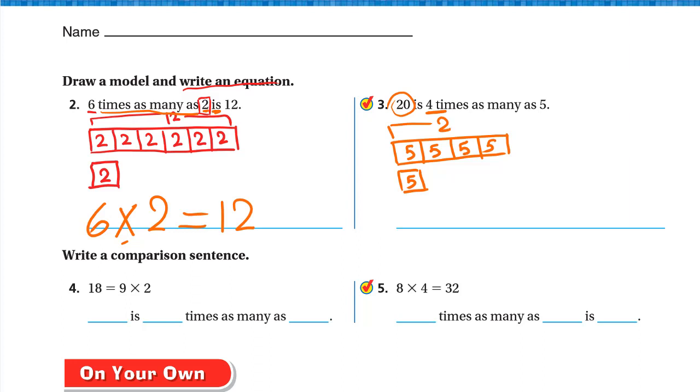Okay, so let's write the equation. 20, is means equal, 4 times as many as is multiply, 5. So 20 equals 4 times 5.